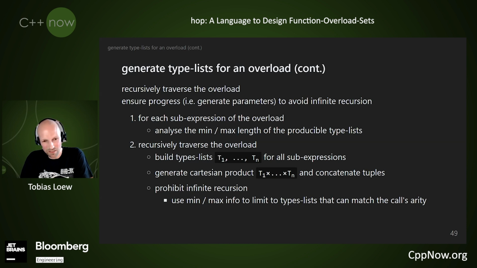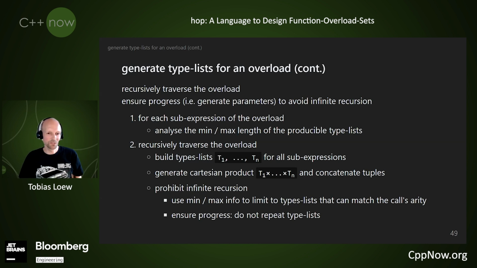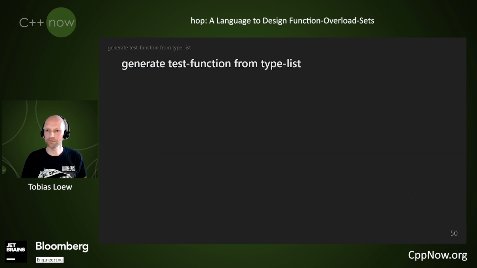On the other hand, when the maximum is smaller than the number of arguments, that's the same. Okay, and of course, to ensure progress, we have to make sure that we do not repeat empty type lists. That should be it.